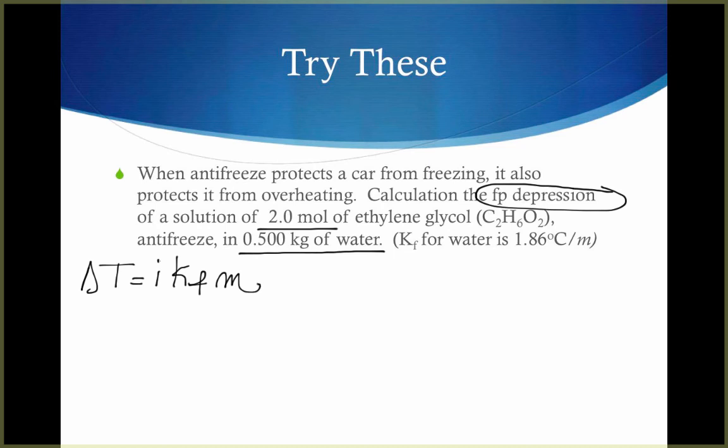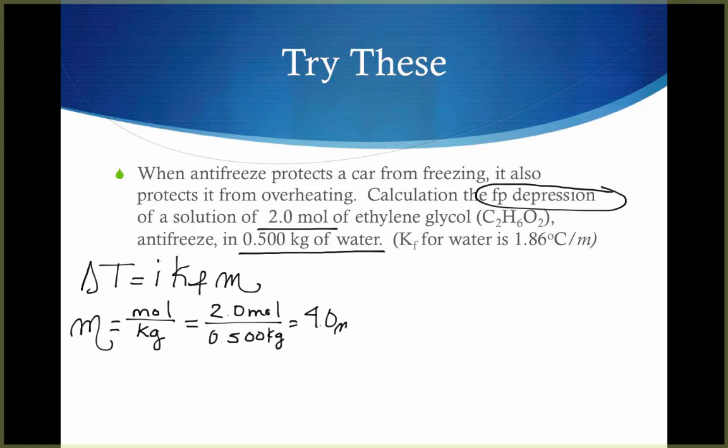Before I go any further, I'm going to have to calculate the molality of this solution, which you should know is the moles divided by the kilograms. In this case, I have 2.0 moles and I have 0.500 kilograms. Therefore, I have a 4.0 molal solution.